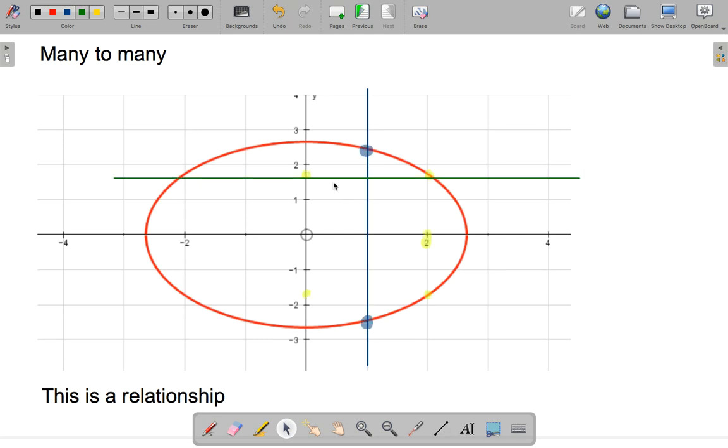Okay. And you can see that there's another point right here, which should be at negative 2, but you get the idea. Another point where it's there. And the negative 2 also leads to another point here. So what we've got here is many different values leading to many different values. Relationship, no function, no inverse.